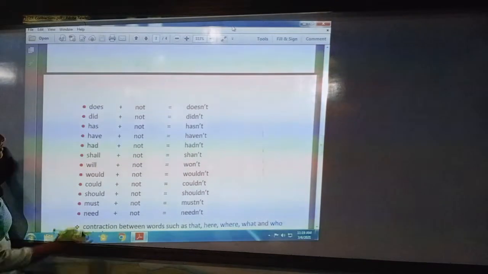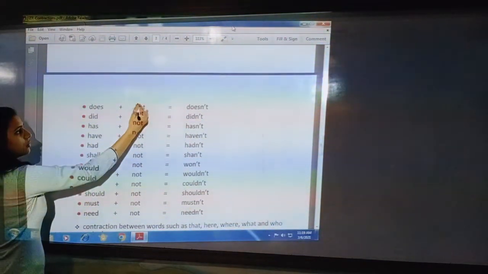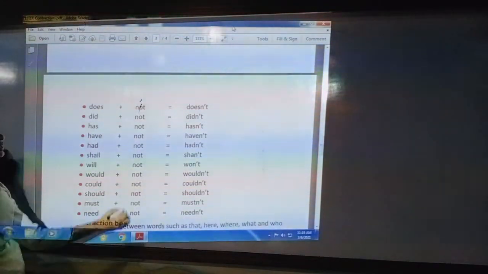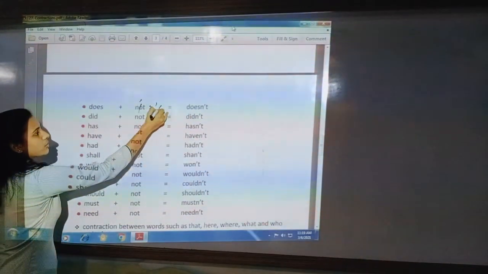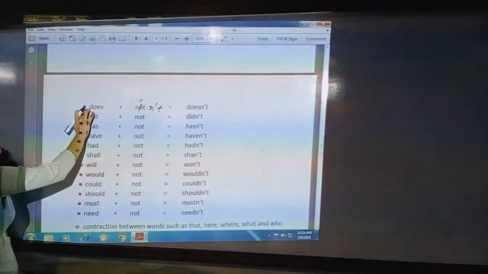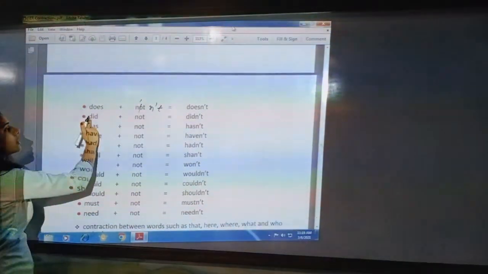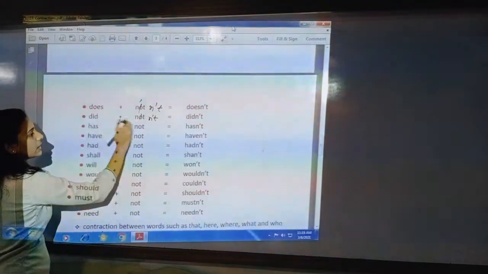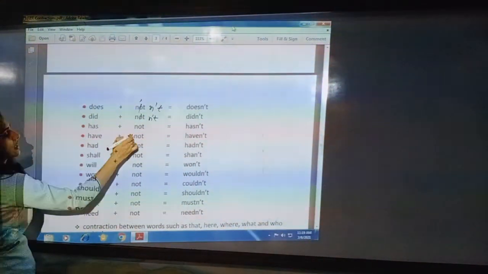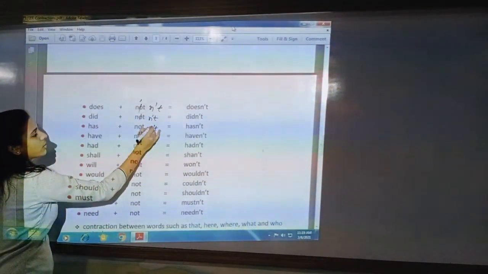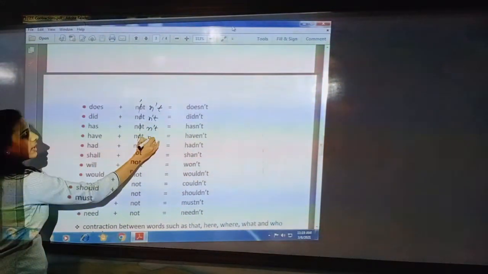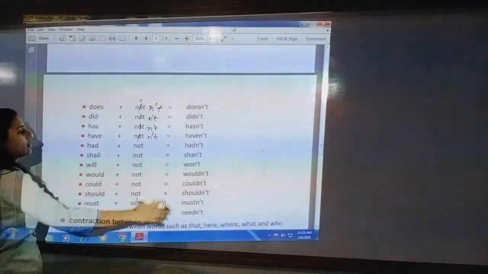Next again, does not. O will be removed, an apostrophe will be kept. So it will become apostrophe T: doesn't. Did, apostrophe T, didn't. Has, apostrophe T, hasn't. Have, apostrophe T, haven't.